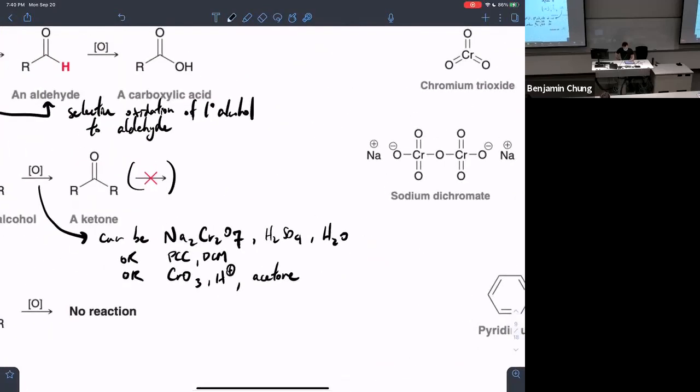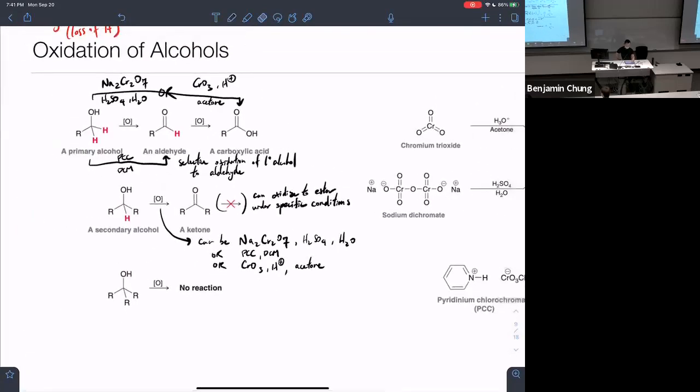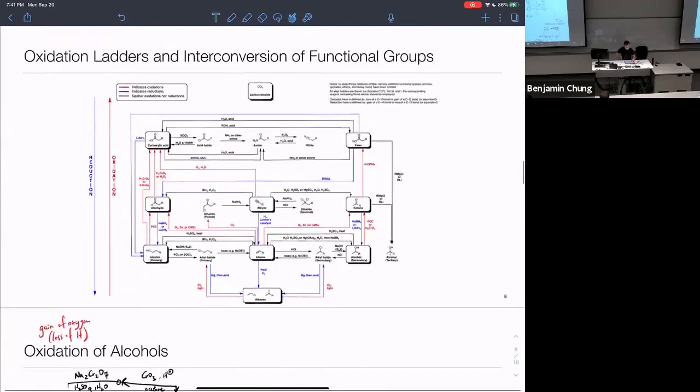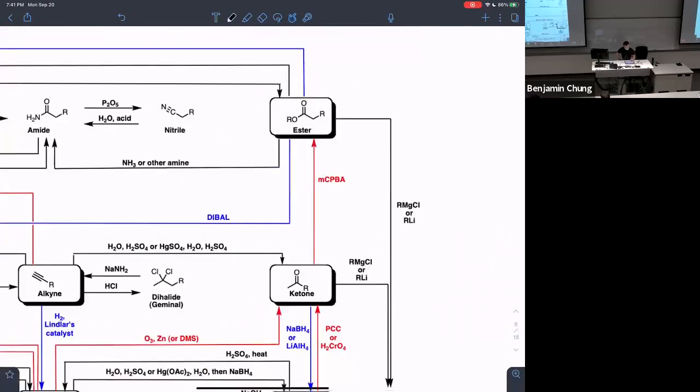So you can oxidize to ester, no problem, under, we'll just call it specific conditions. The reason why the textbook doesn't consider that the same kind of oxidation is because to oxidize to an ester, as they've shown here, you actually have to break this carbon-R bond, right?